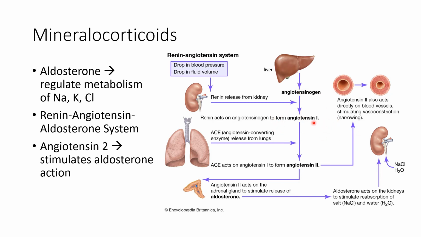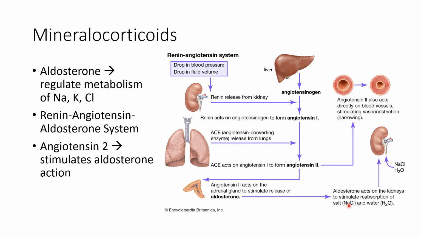Now, there are angiotensin converting enzymes in your lungs that would convert this angiotensin 1 to angiotensin 2. It is this angiotensin 2 that stimulates the release of aldosterone from your adrenal cortex.